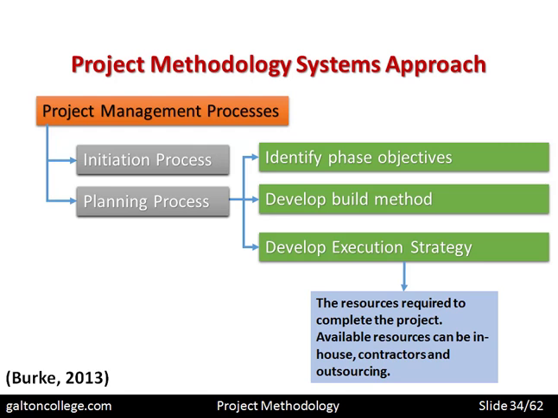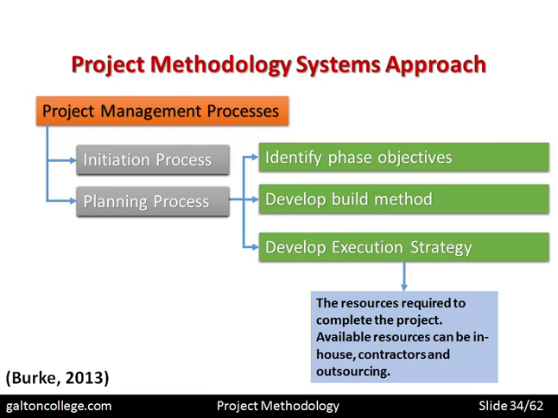Develop an execution strategy. The resources required to complete the project. Available resources can be in-house, contractors, or outsourcing. So look at what resources are required and try to work out what's required in order to execute this particular strategy, to bring it to fruition, to deliver it.